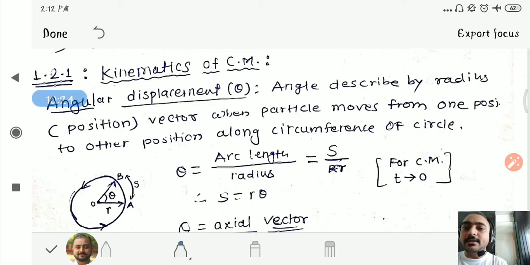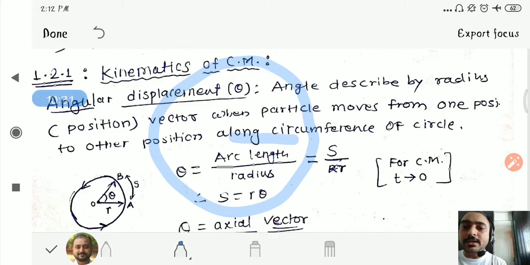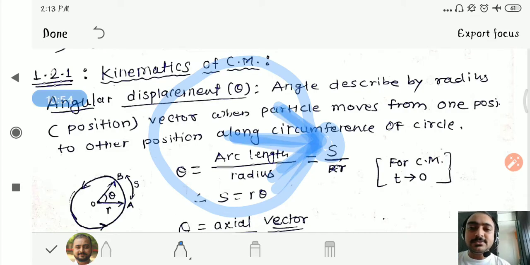When a particle performs a circular path, the vector drawn from the center of the circle to the position of the particle is called the radius vector or position vector, because it is equal to the radius, or it indicates the position.